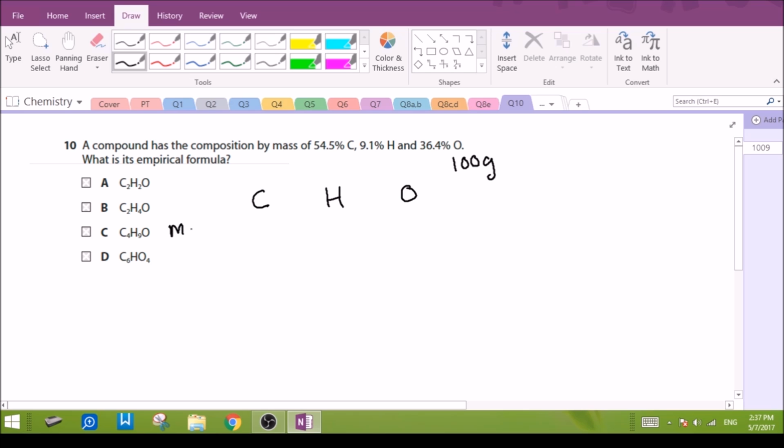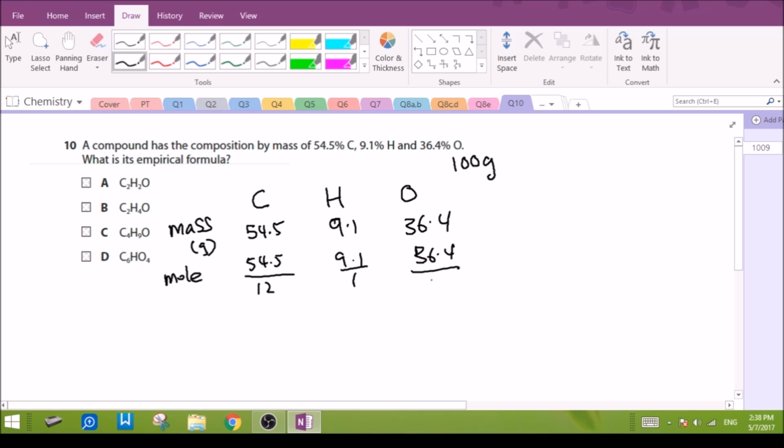So the respective masses will be 54.5 grams carbon, hydrogen 9.1 grams, oxygen 36.4 grams. And then we have to convert it into moles. The moles we will divide by their respective relative atomic masses. Carbon is 12, hydrogen 1, oxygen 16.